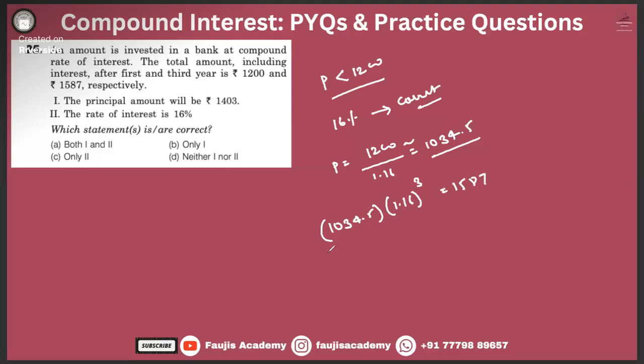So 1.16 raised to the power 3 is 1.560896, something like this, into 1034.5. Is it giving 1587?